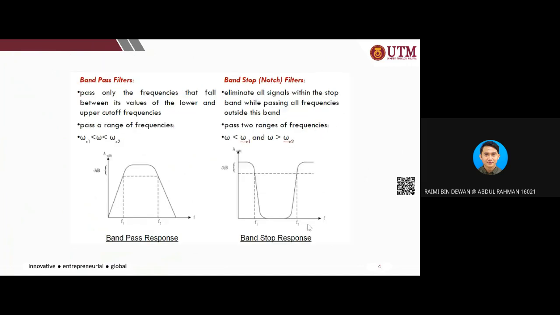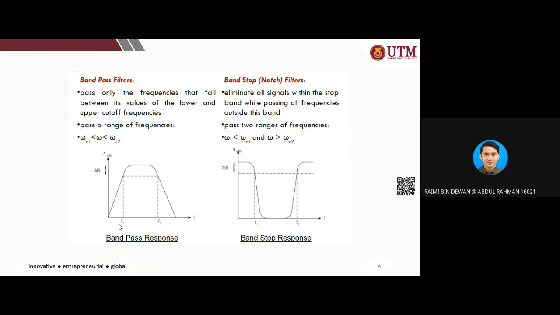Band pass filter, as you may recall, passes only the frequency range that falls between the lower and upper cutoff frequency. So this is the lower cutoff frequency and this is the upper cutoff frequency. It only passes frequency between this region. Other than that, the frequency ranges are attenuated, or in simple terms, we try to block the other frequency ranges.